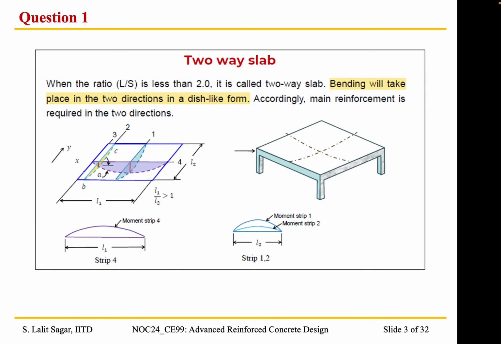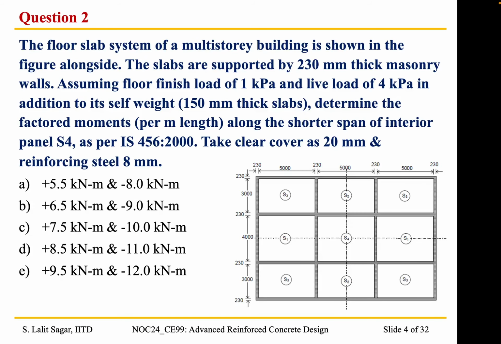So moving on, we will dive straight away into the numericals now. I have shown a floor slab system of a multi-story building here, and the slabs are supported by 230 mm thick masonry walls.